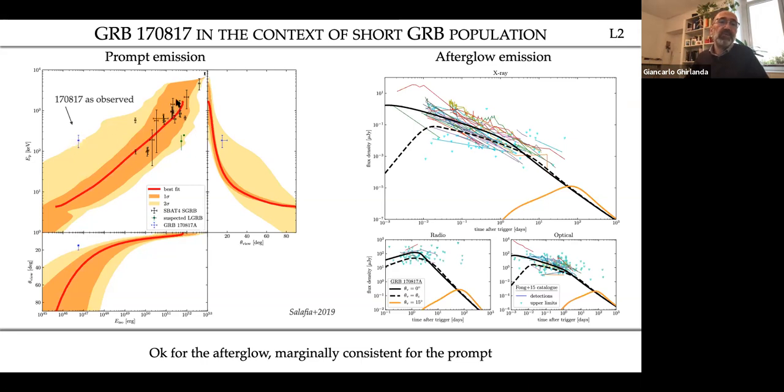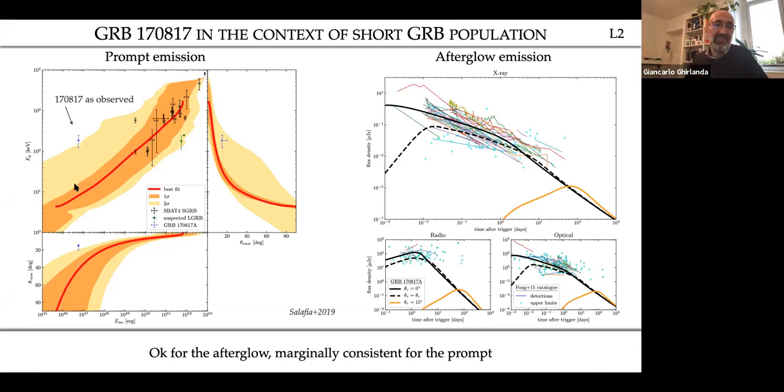And so, is 170817 compatible with being like the other short GRBs, assuming that the jet is universal, just seen at large angles? The answer is yes, but a bit at the border.